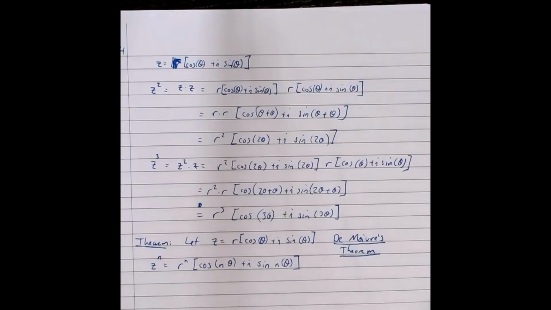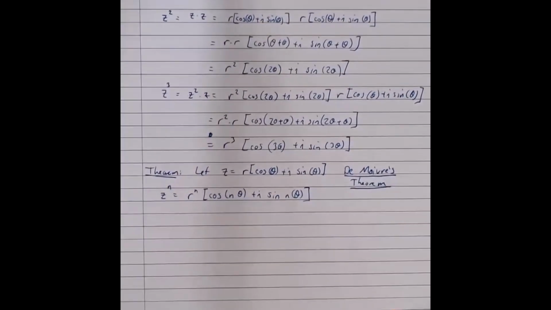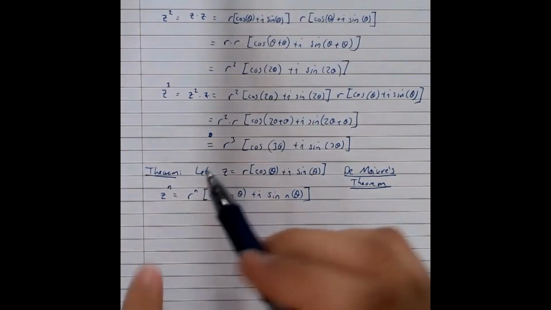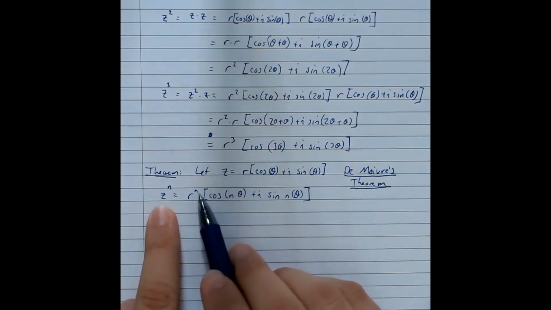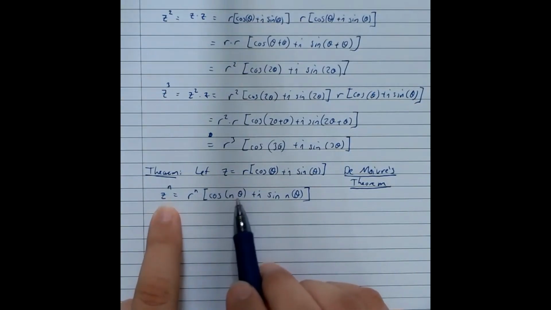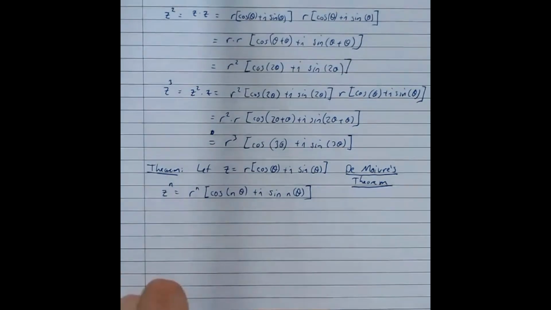So this was named after the mathematician Abraham de Moivre, who discovered this in the early 1700s. All right? So here, de Moivre's theorem allows us to take a complex number in its polar form and raise it to a power, and that's done simply by raising the modulus to that power and then multiplying the argument by that power. In other words, times n.